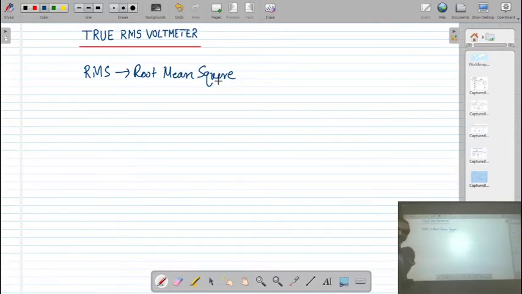But this is possible only if we have a periodic wave or if we know the shape of the signal. But actually, what does the RMS represent? RMS is related to heat. It is related to the power dissipation of a component. So suppose I take the example of a resistance.